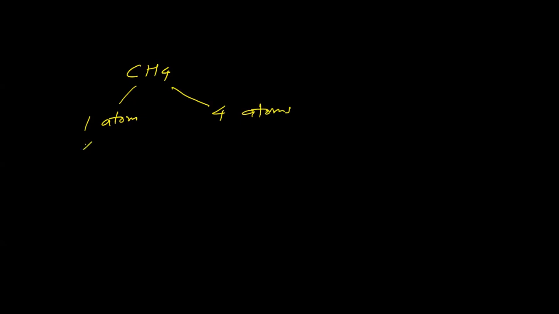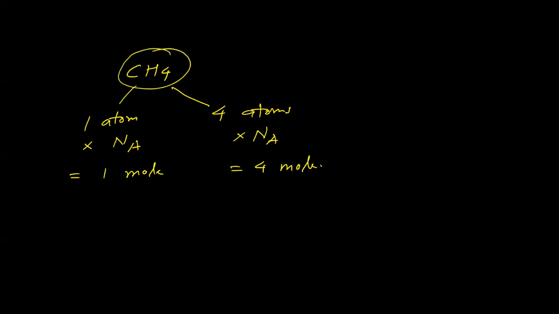If I multiply both by Na, I can do that because I am multiplying by the same number, then it will be 1 mole and 4 moles. So you can call it atomic ratio or molar ratio. In any formula, the representation is nothing but their molar ratio. How many moles are there? So I can say 1 mole of carbon, then 4 moles of hydrogen will be there.